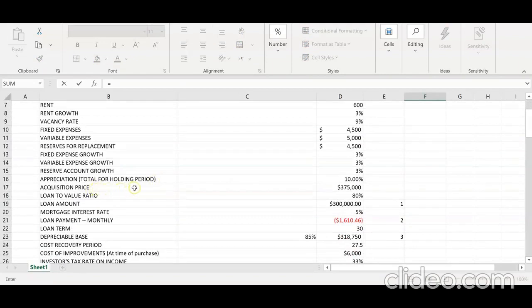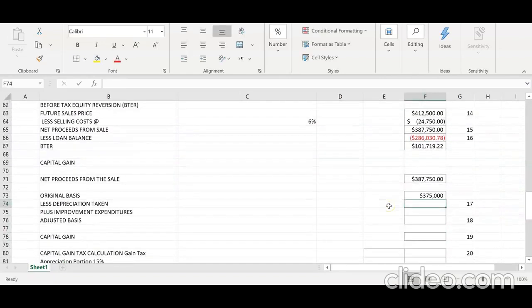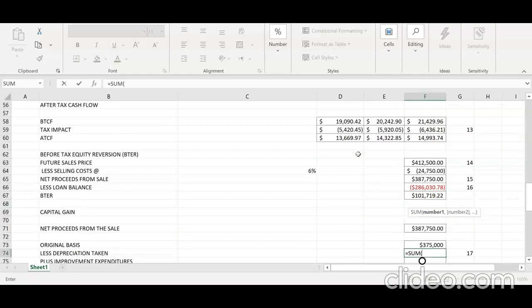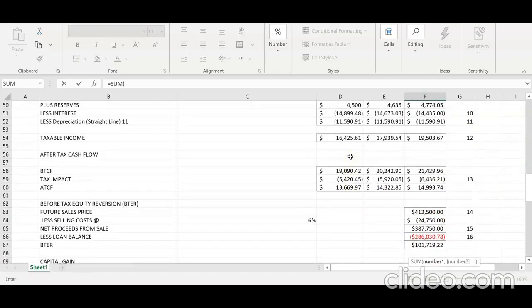For the assumptions given, it's supposed to be the acquisition price, and for the less depreciation taken, we're just going to use the function sum, and then calculate the depreciation from cell D to cell F.